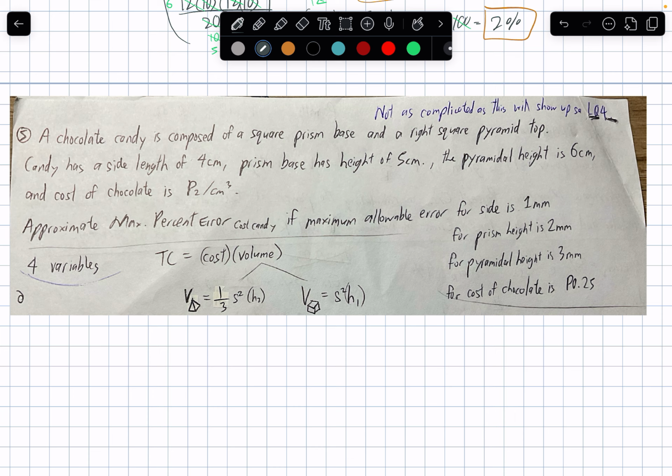A chocolate candy is composed of a square prism base and a right square pyramid top. The candy has a side length of 4 cm, prism base has a height of 5 cm, and the pyramidal height is 6 cm. Also, considering the cost of the chocolate itself, it is P2 per cm cube.